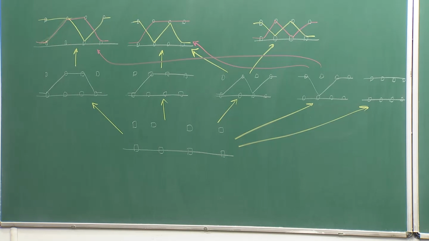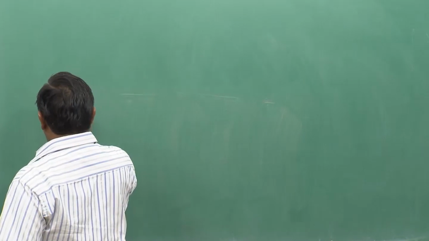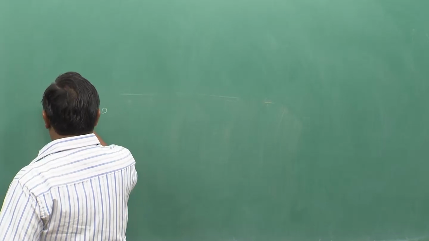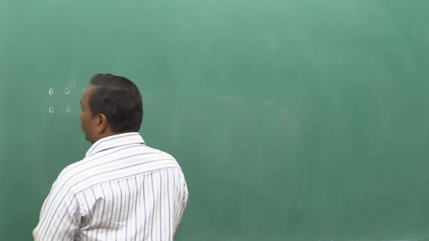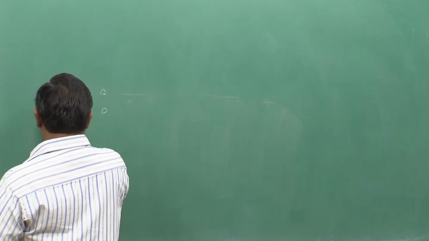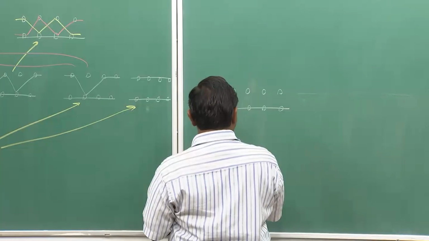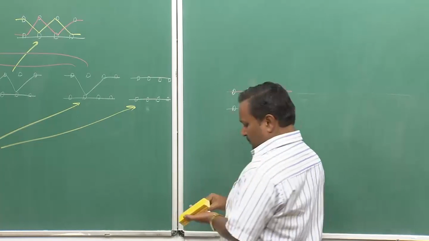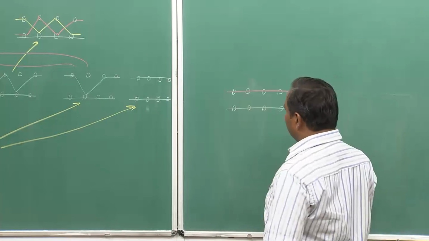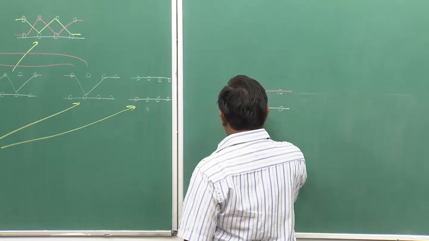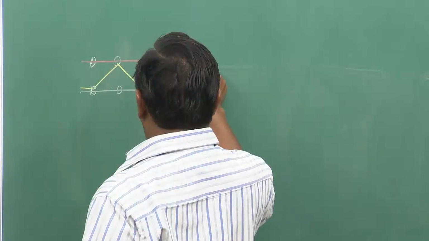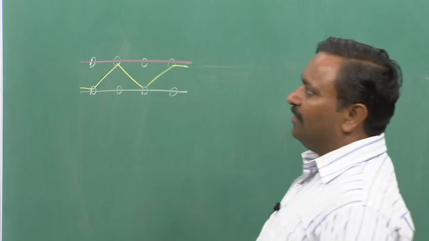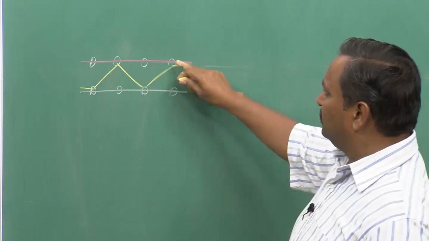So, now we are left with this one, let us see what is going to come out. As usual I will start from the bottom, I will go up, down, up, and as usual I would like this to be on the bottom side.